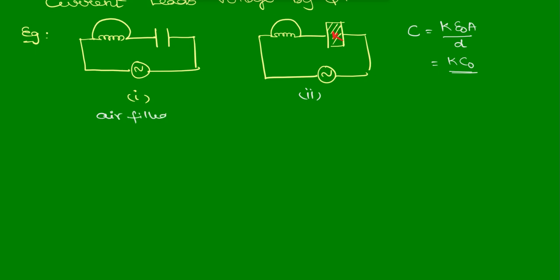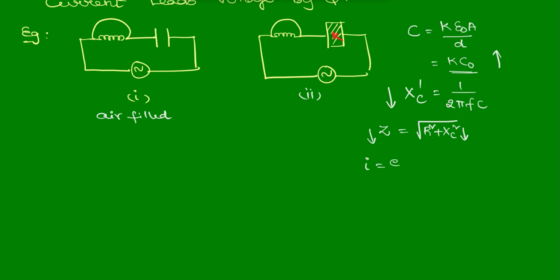Compared to an air filled capacitor, if you have a dielectric filled capacitor, capacitance increases by K times. If capacitance increases, capacitive reactance, which is 1 by 2 pi f C, decreases, as C is increasing. If capacitive reactance decreases, Z, which is square root of R square plus Xc square, will also decrease.